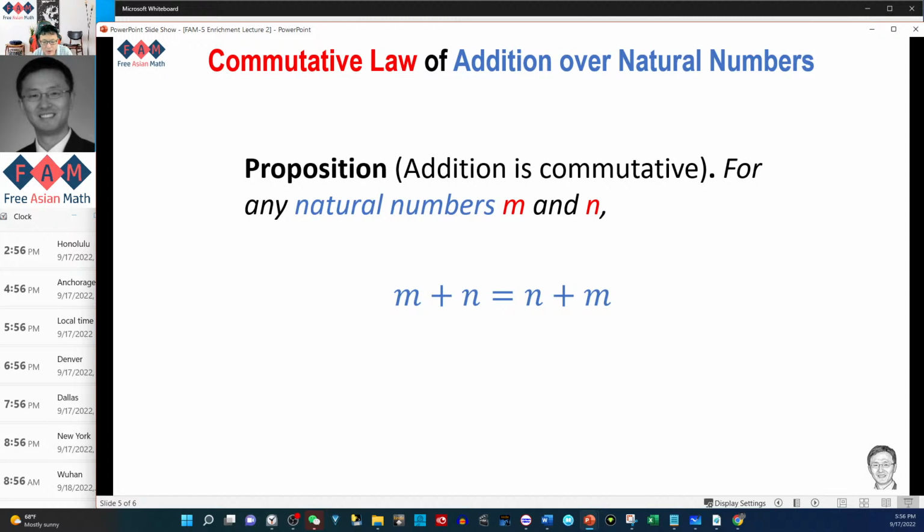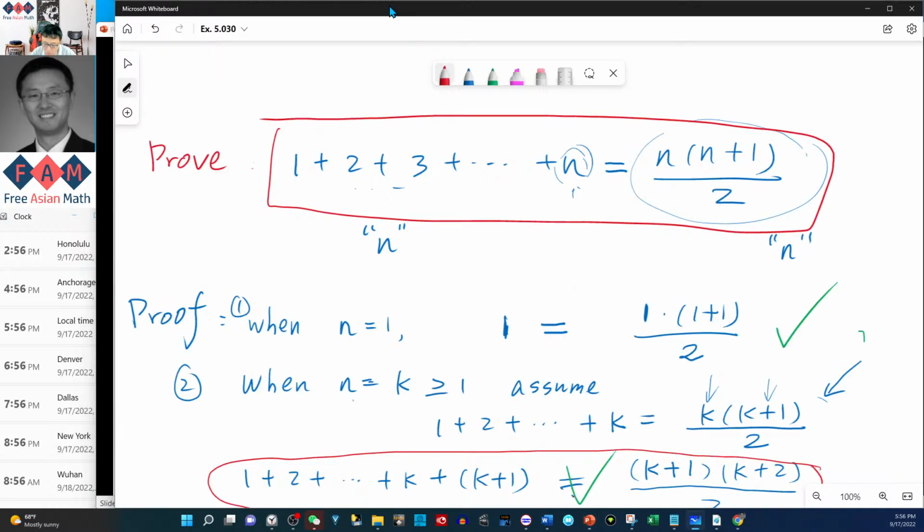However, we can start somewhere else, and that somewhere else is mathematical induction. If we assume that the mathematical induction principle is true, if we assume that's an axiom, then we will be able to prove m plus n equals n plus m. And that's what we are going to do next. Okay?